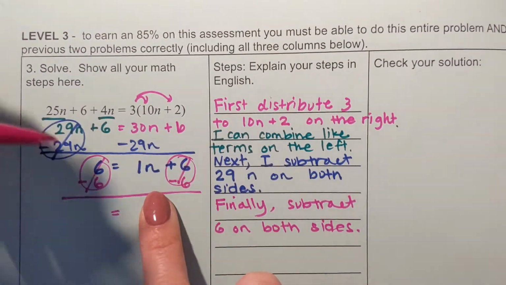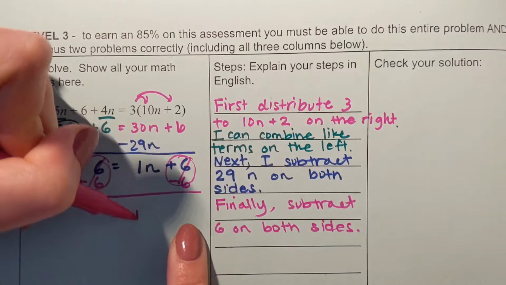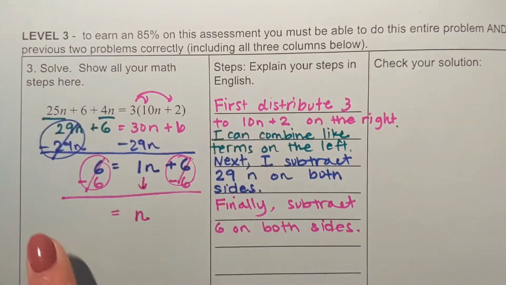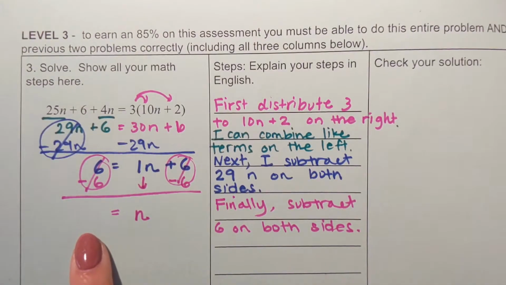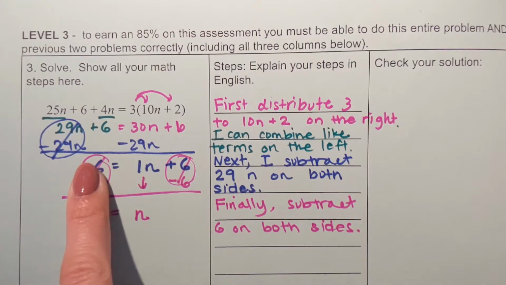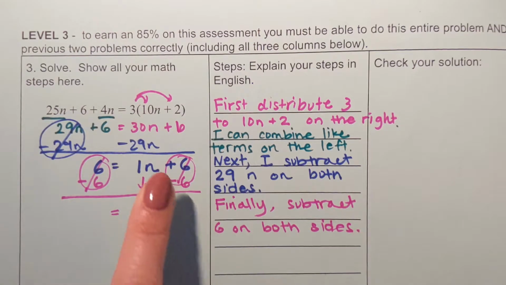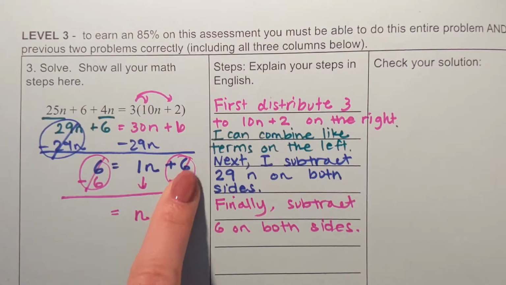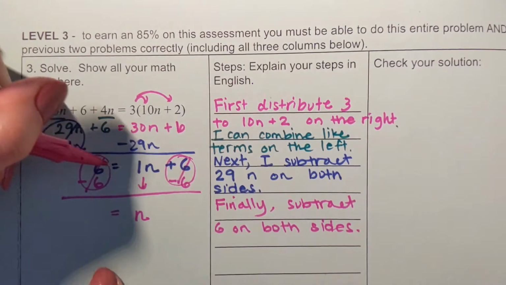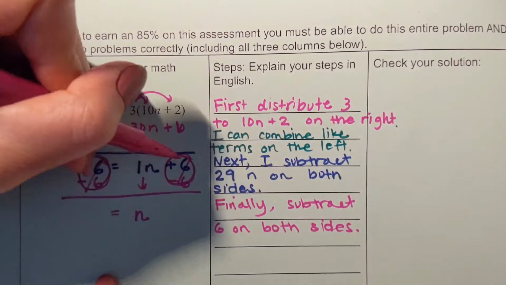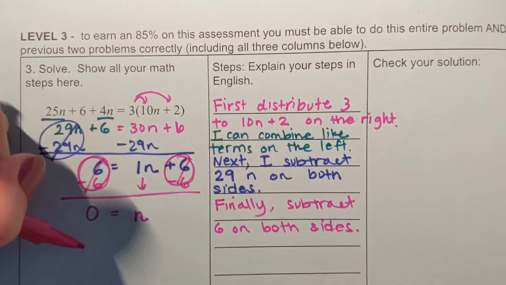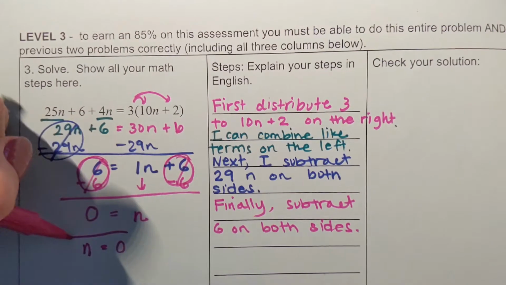So on this side, I do still have 1n, or I could just say n. But on this side, I can't just write that I have nothing, because there is actually an invisible number here when these canceled out. And it is this big circle that I drew, which is 0. So we can say our solution is 0.